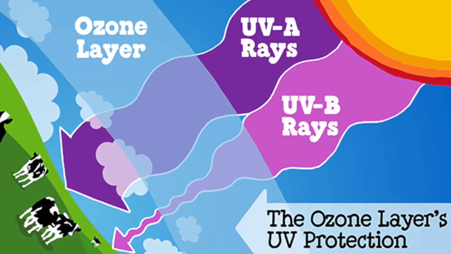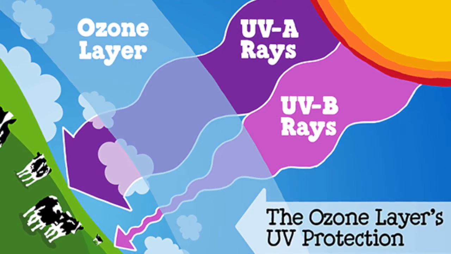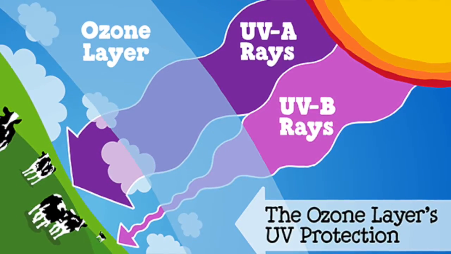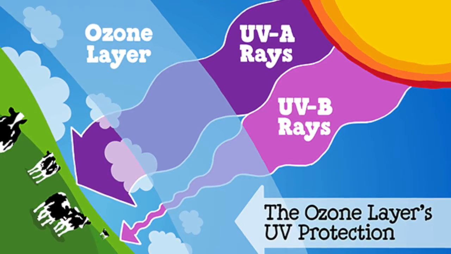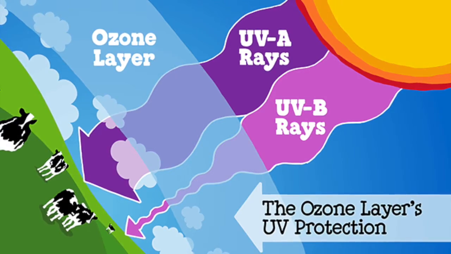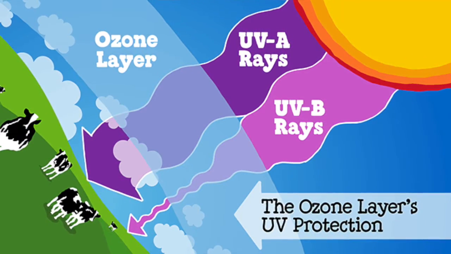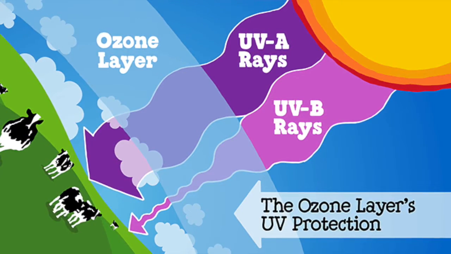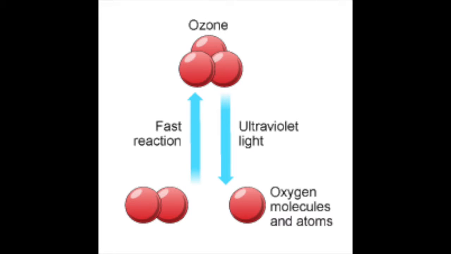Ozone and sunlight. You will remember that sunlight contains many different energies of colors of light, represented by the visible spectrum. Sunlight also contains invisible ultraviolet, UV radiation, which has higher energy than any visible color.